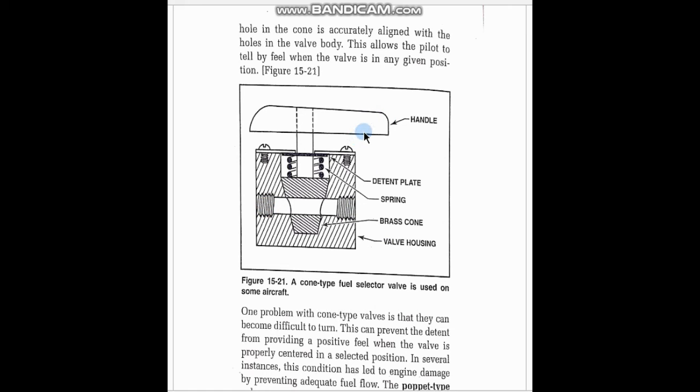So when you turn the handle, the cone will open and the spring will allow the detent plate to open the cone. Here it is open, but when you want to close it, you will turn this handle and the hole here will be moved and it will stop the inlet from going through to the outlet.